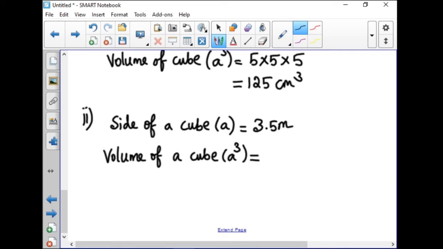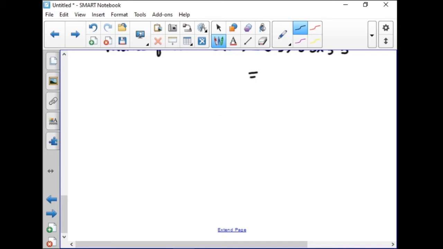So that means we want to multiply this 3.5 three times, 3.5 into 3.5 into 3.5. So we can take it as 35 into 35. Then we can keep the point.